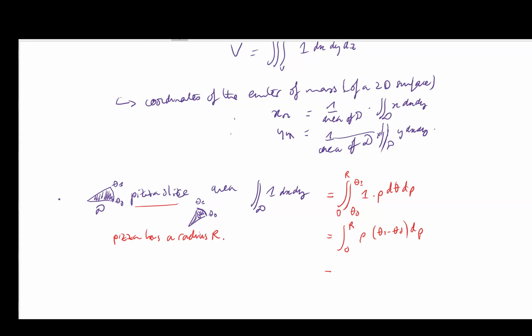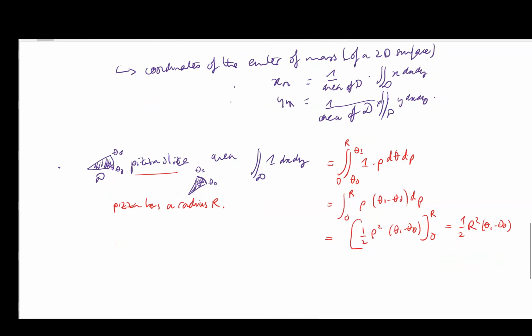D rho, so that's 1 over 2 rho square times theta 1 minus theta 0. So between 0 and r, that's 1 over 2 r square theta 1 minus theta 0, which we sort of expected, because that's just a portion of the whole disk.